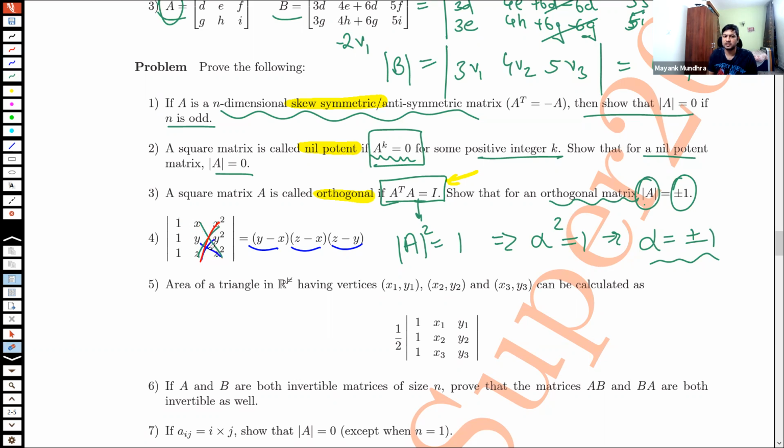Although we are more used to going along the first row, in this case you can go along the first column.